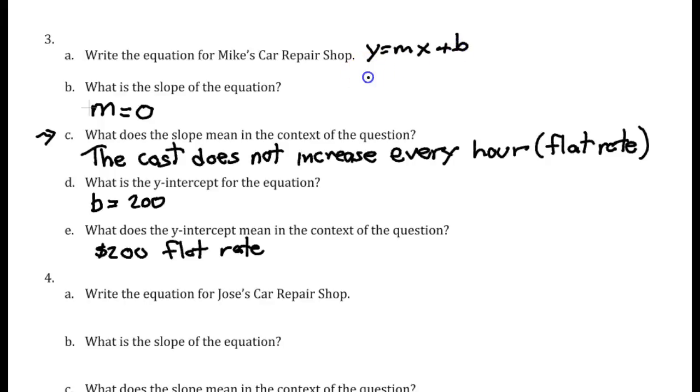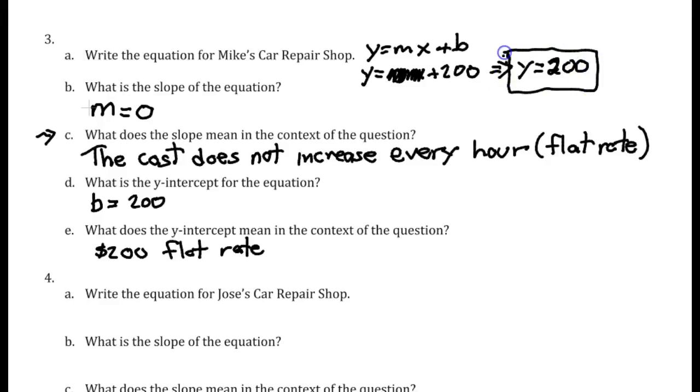We'd actually put y equals 0x. Because the slope is 0, the y-intercept is 200, but we really don't include the 0x. Anytime that slope is 0, we just take it off, so we have y equals 200 as our equation. Since a flat rate does not have a slope, you just have y equals the y-intercept, the flat rate. Okay?